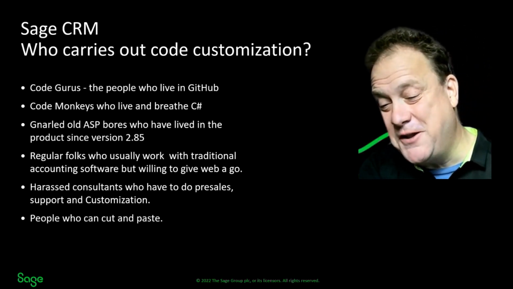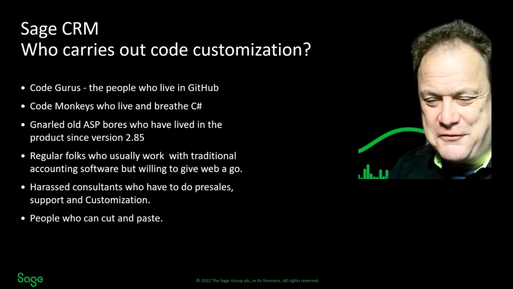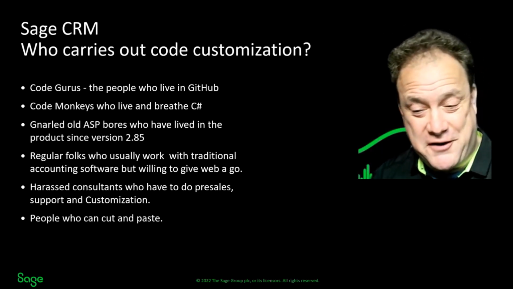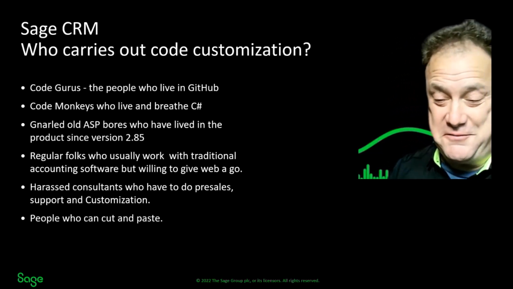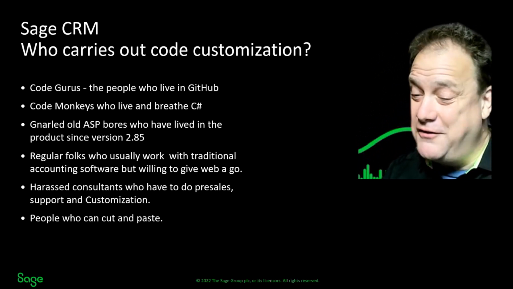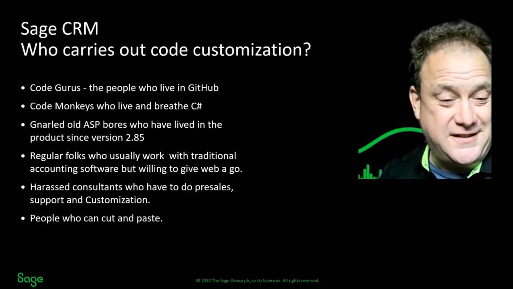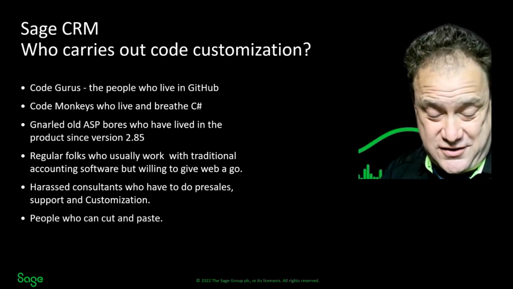There may be people amongst us who are more senior in their use of the product, who've been around since 2.85. I'm laughing because I've been around since 2.85. I've been working with the product now for over 22 years, and it's scary thinking about how much it's changed.